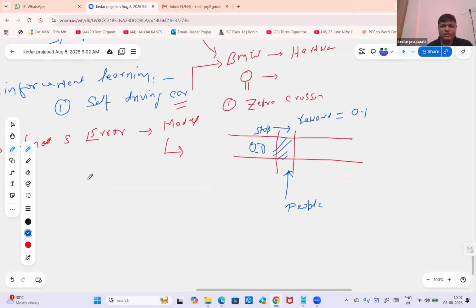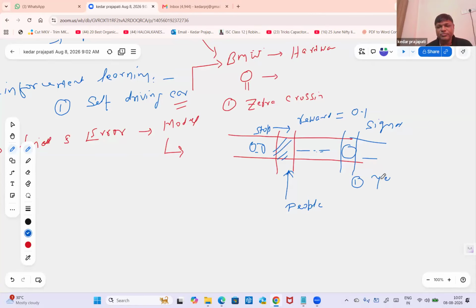Now the same car is moving, and there is a traffic signal. It has to work according to the color of the signal. Let us first take red. In red color, it has to stop.